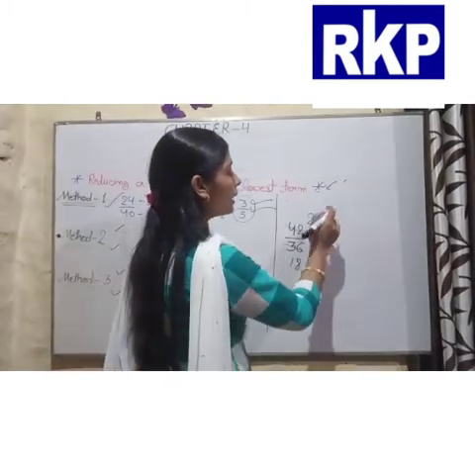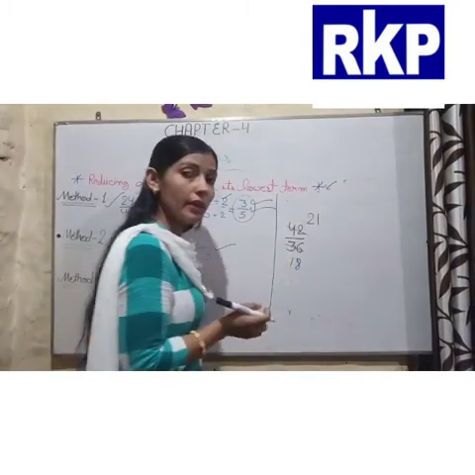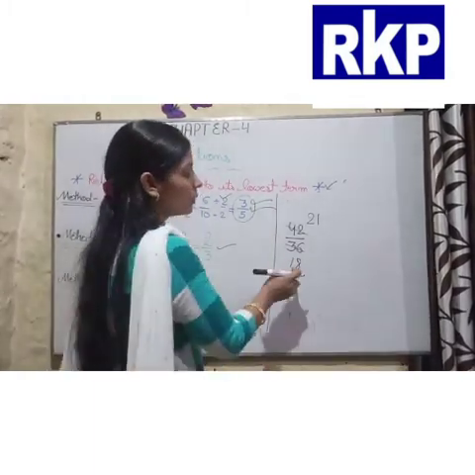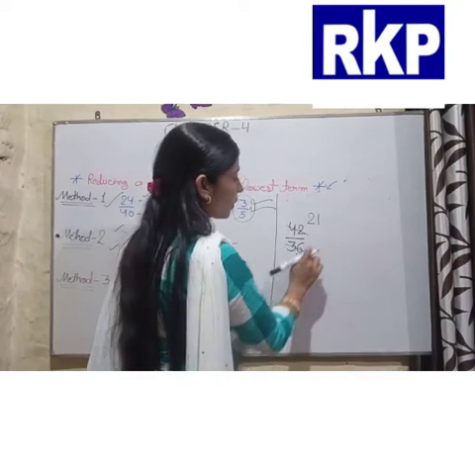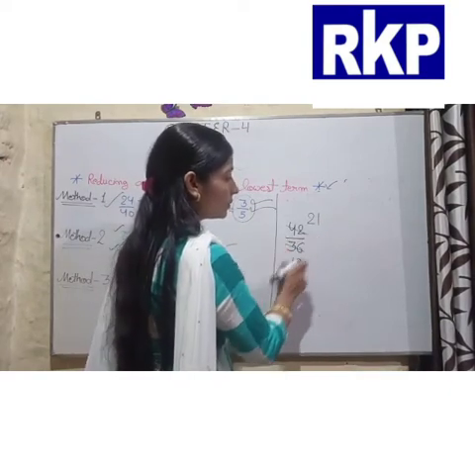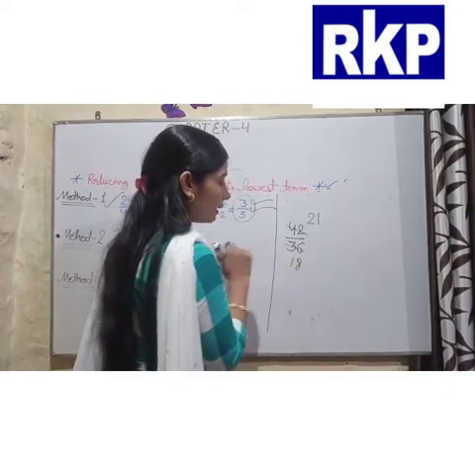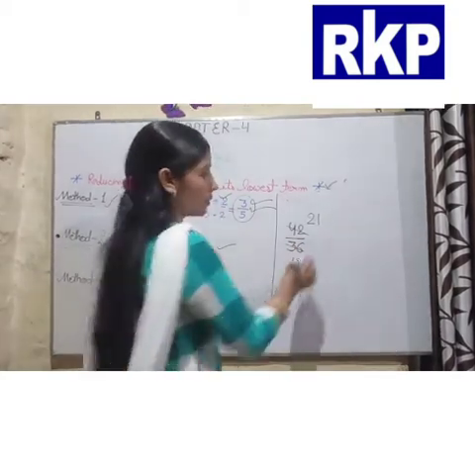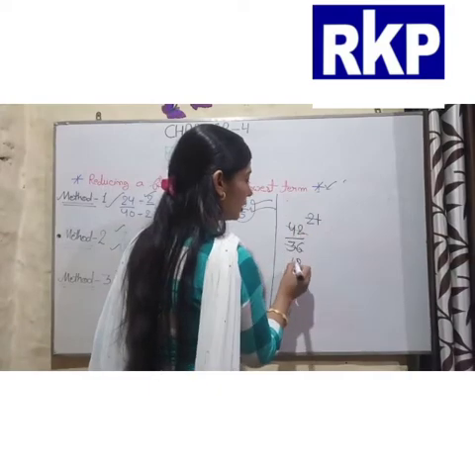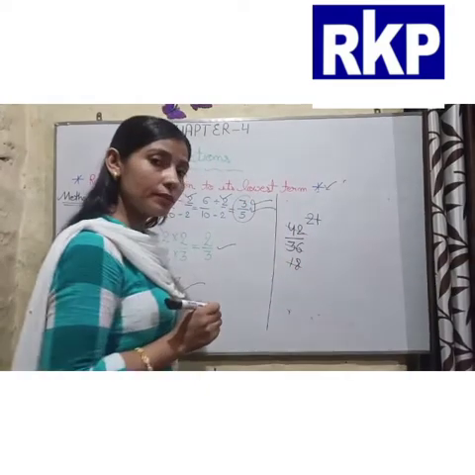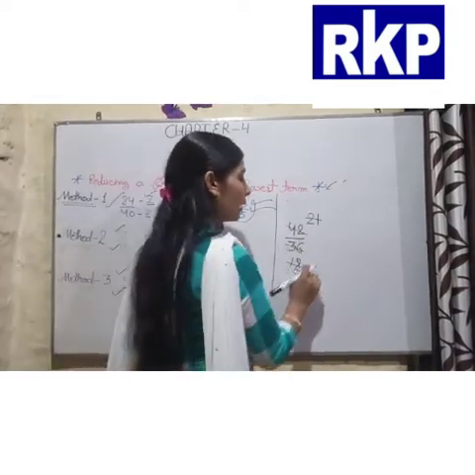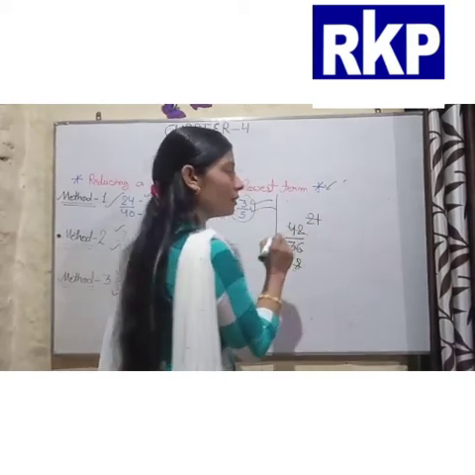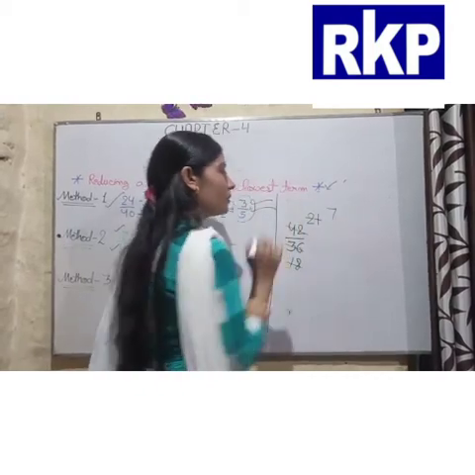Now we have 21 as a numerator and 18 as a denominator. Here we can see we can divide 21 and 18 both by 3. So cut 21 and 18, and now we write the quotient. When we divide 21 by 3, we will get 7.